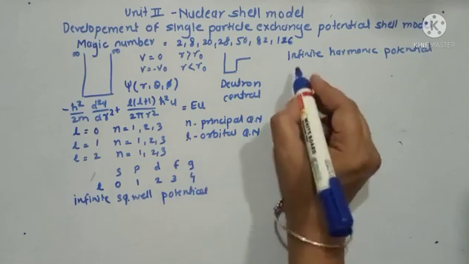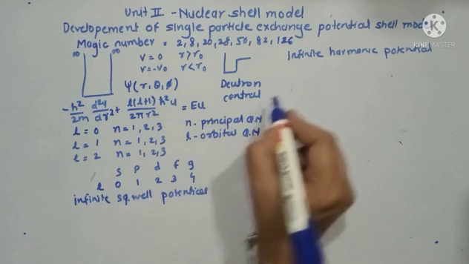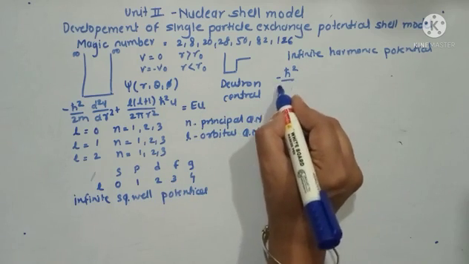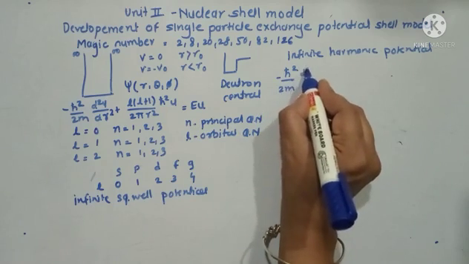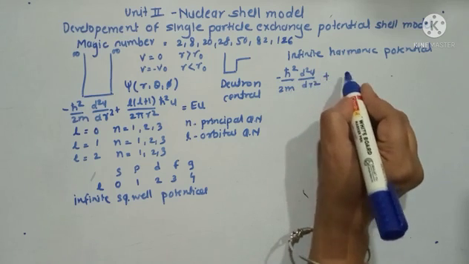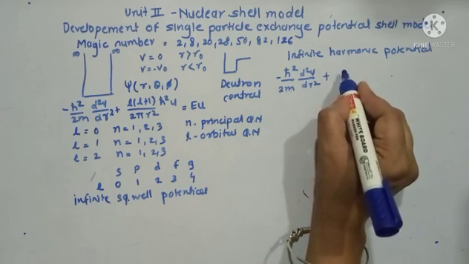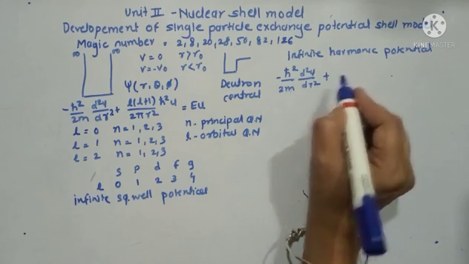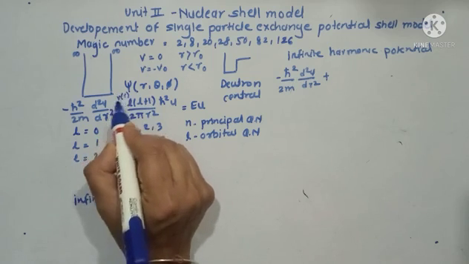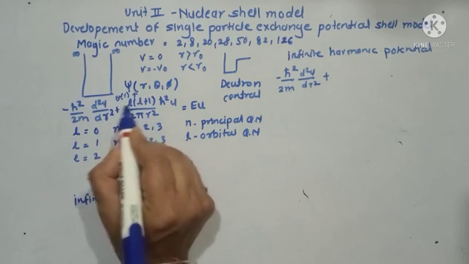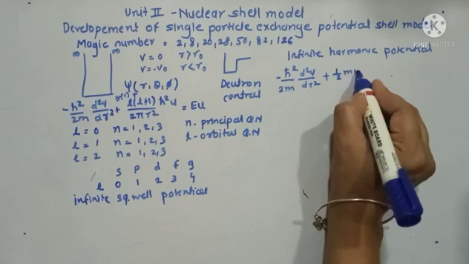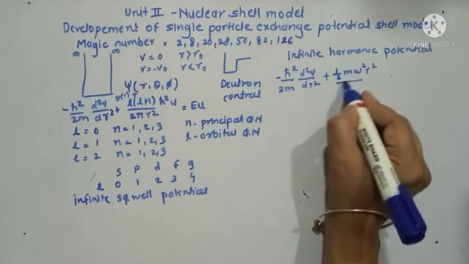For that, the same equation could be written as Schrodinger's time independent equation. This term will remain the same, d square u upon dr square, plus V of r, plus this term, which will be 1/2 m omega square r square.